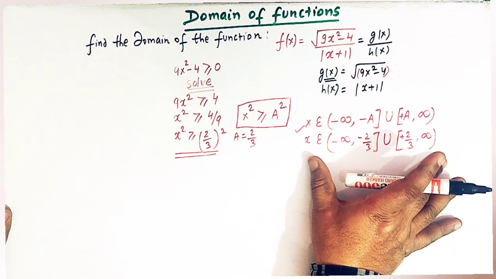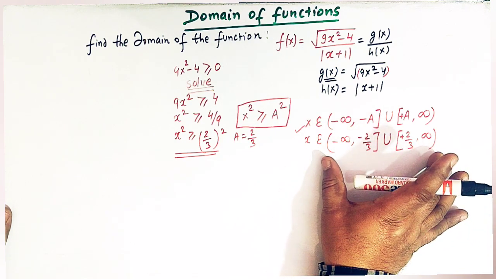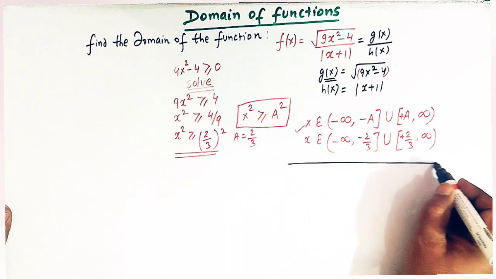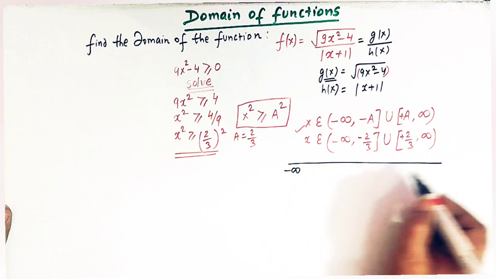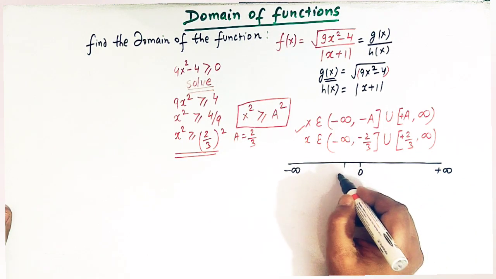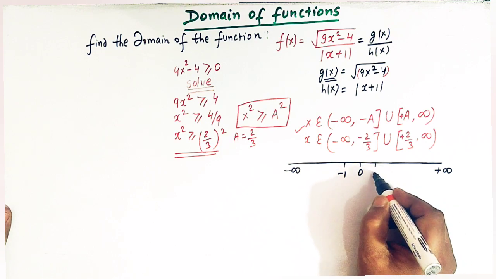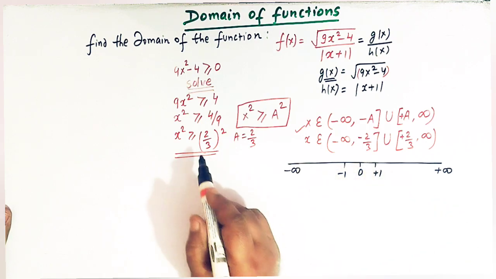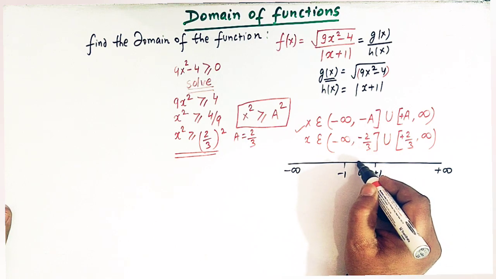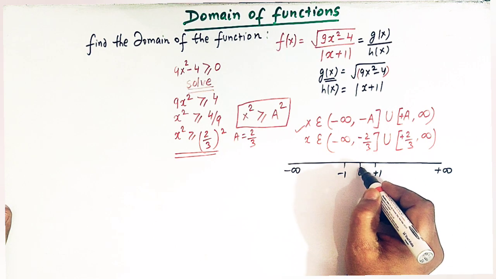So let us represent this domain on the real number line. So here we have the real number line, and now here we can write 0, here we have minus 1, and here we have plus 1, right? So minus 2 by 3 lies somewhere here, close to 0.